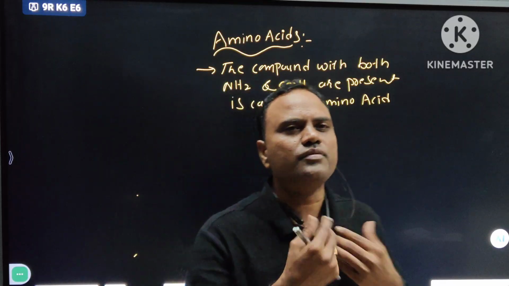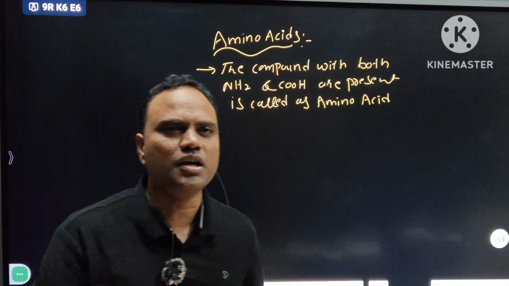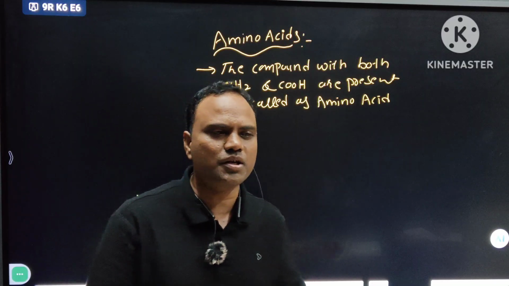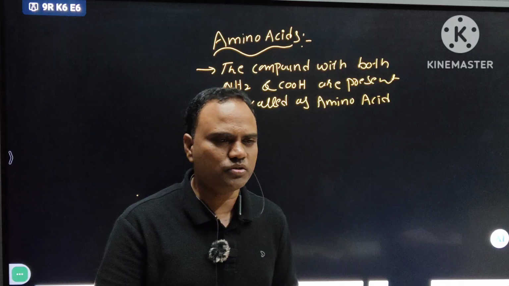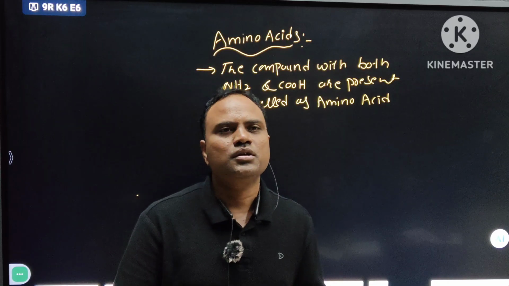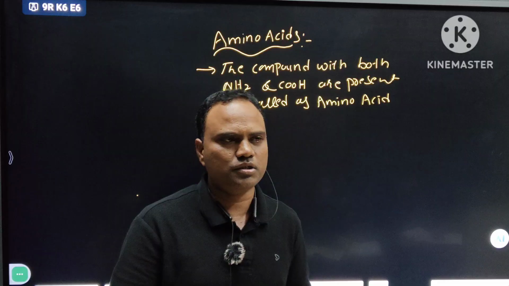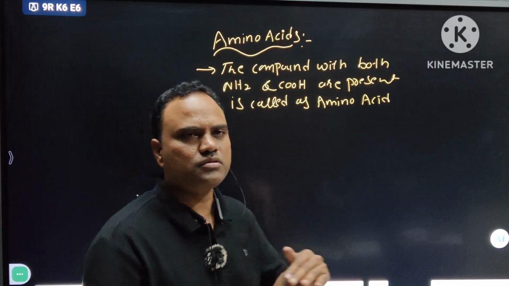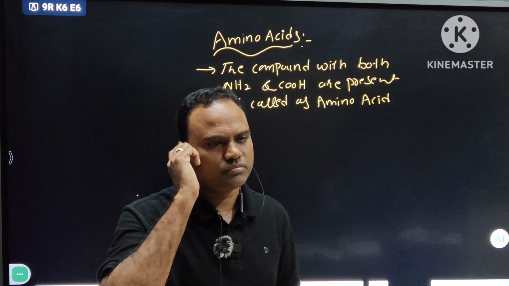Based on the position of NH2 group, we can classify the amino acids as alpha amino acids, beta amino acids, gamma amino acids, delta amino acids, and so on. But we study about alpha amino acids only because most of the naturally occurring amino acids are alpha amino acids only.